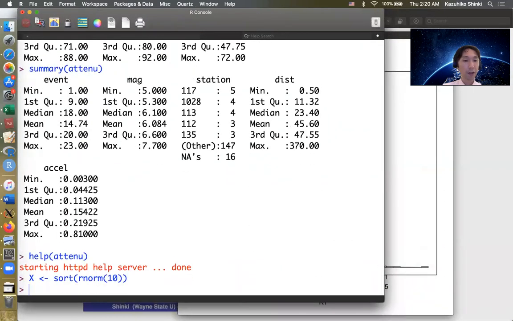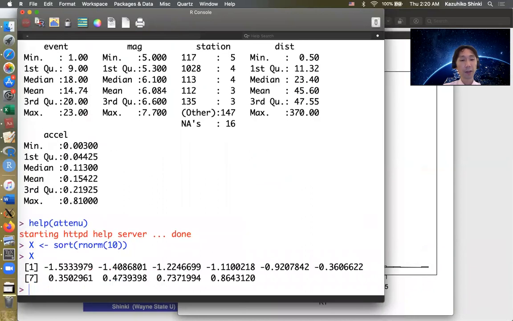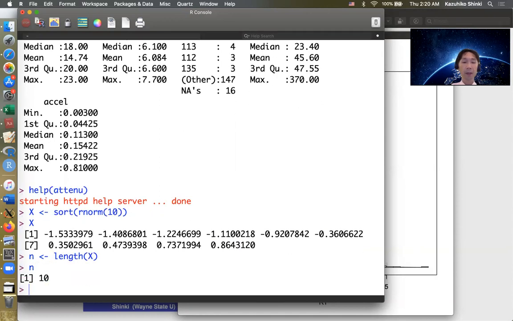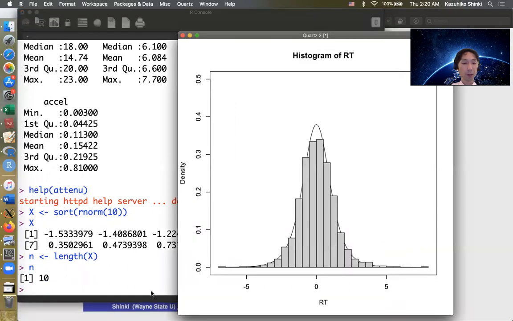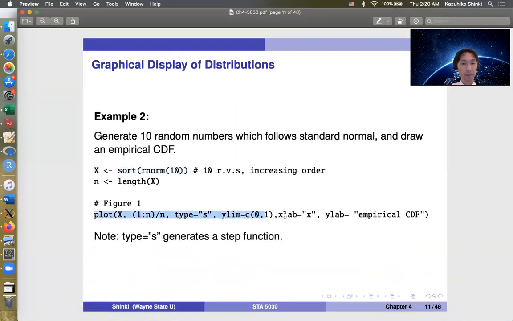If we generate 10 random numbers, okay, so this is -1.53, -1.4, up to 0.86. Then n is actually the length of x, but this should be just 10. And then we plot the empirical CDF.